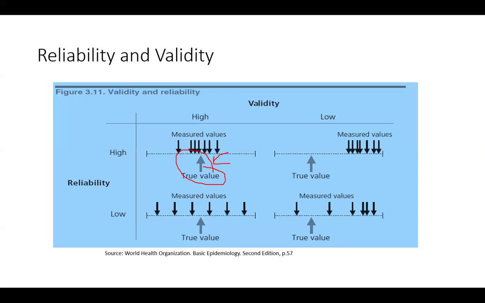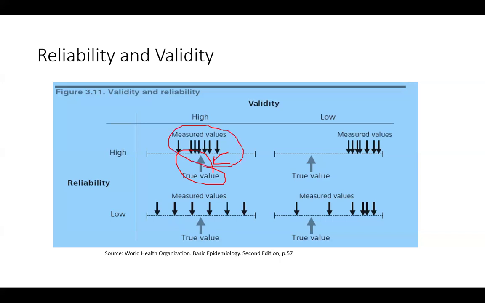Around the true value, it's validity. And on top of that, if the different values are next to each other, then they are reliable, because when you repeat it, it gives the same result.